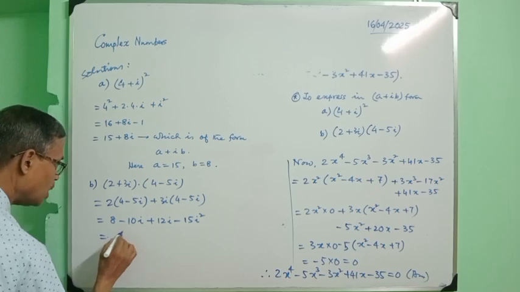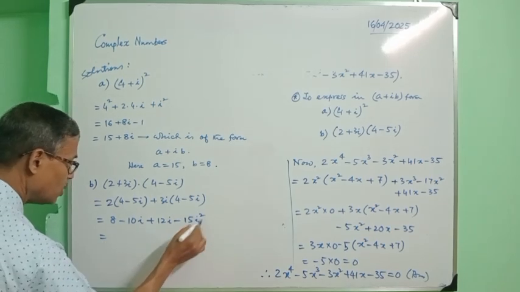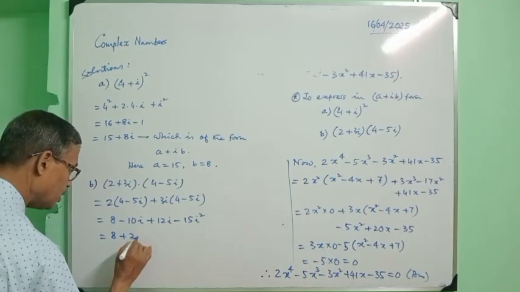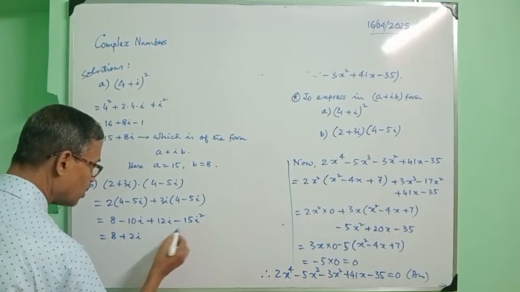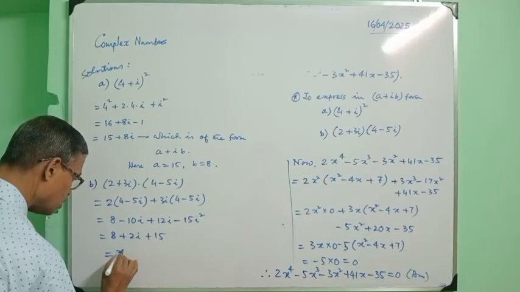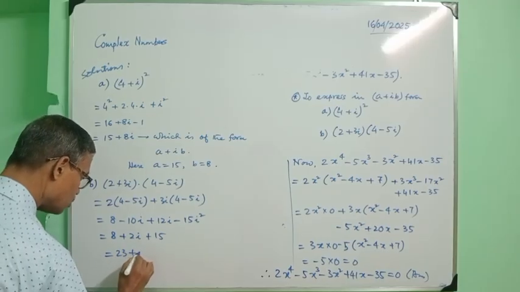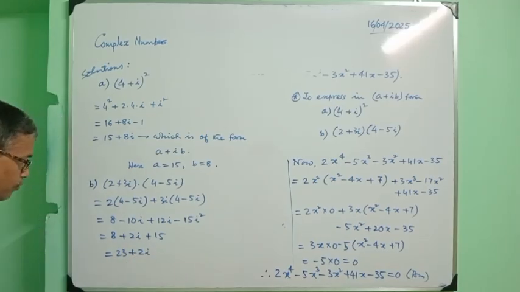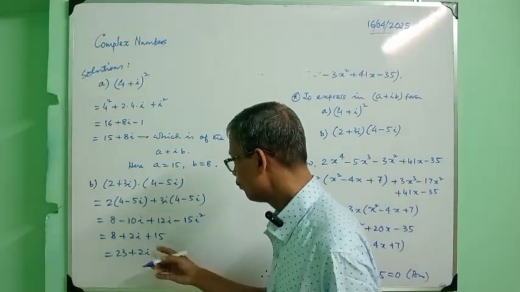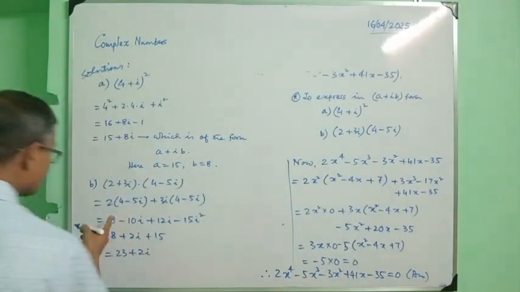That means 8 plus 2i, minus i square means plus 15, let me check.